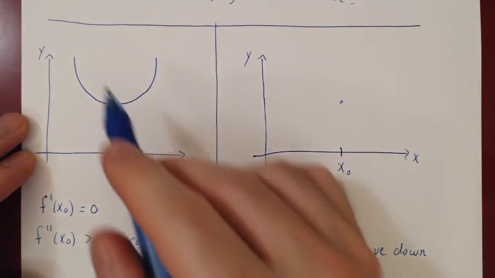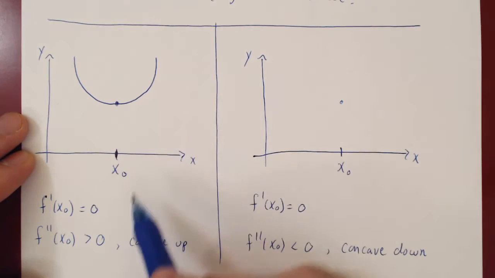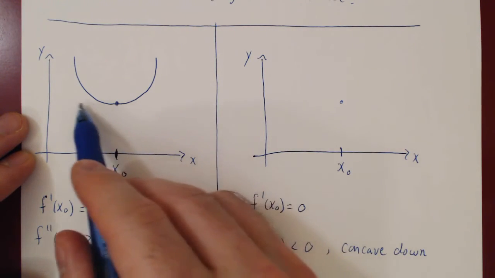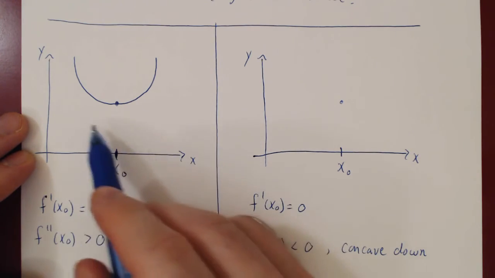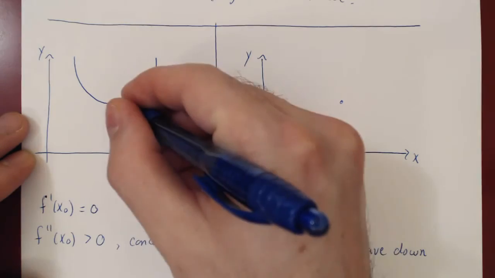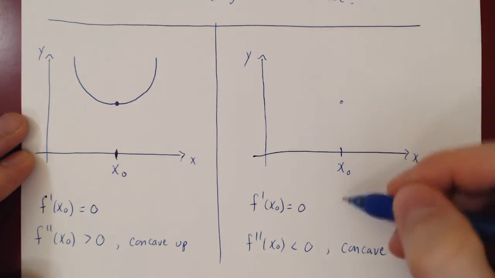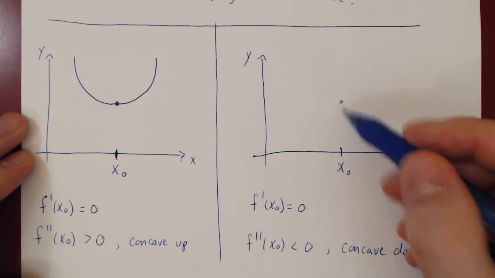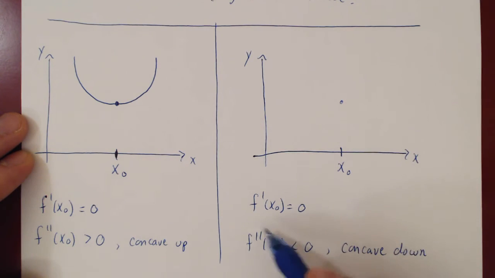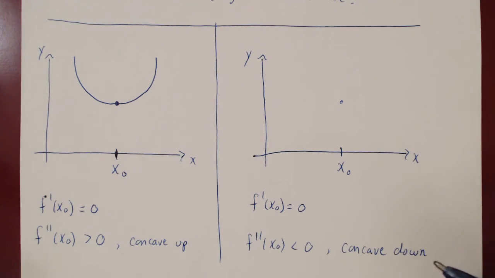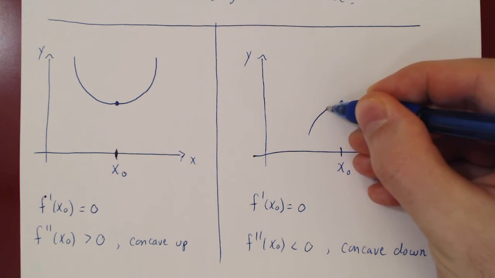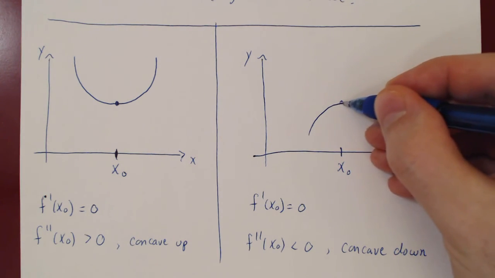This is the only way to have a curve that is concave up and at the point x0 to be flat, because the derivative at this point is equal to 0. And think of now this case. The curve is flat because its derivative is 0 at this point, but now it's concave down. There's only one way of sketching this. It has to look like this.